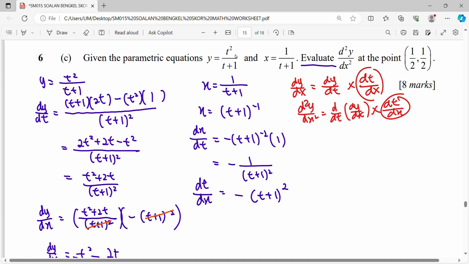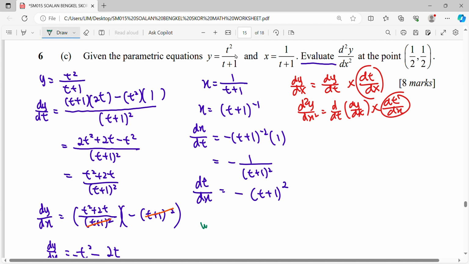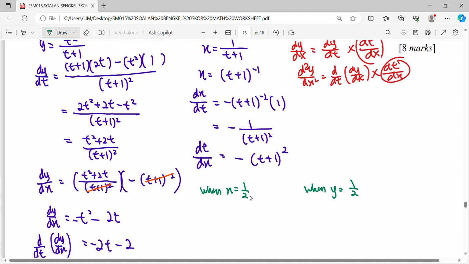So when x is 1/2 and when y is 1/2, we find out what is your t value. So this is your x.